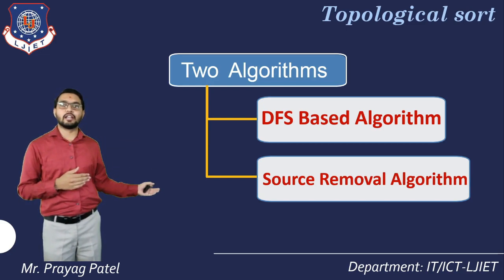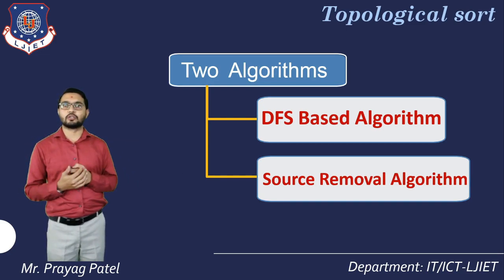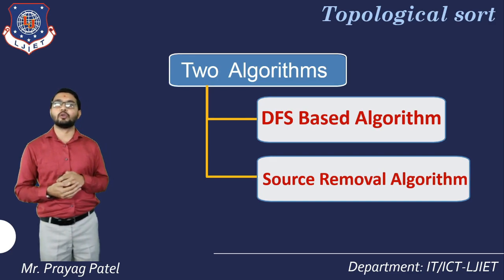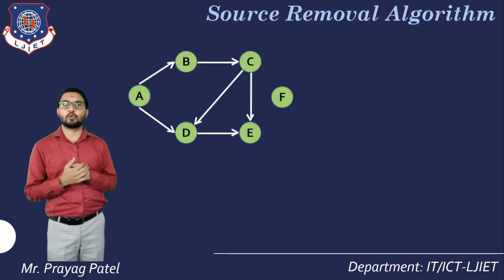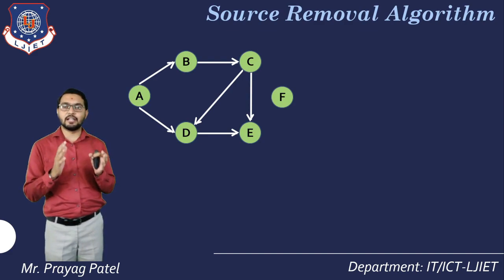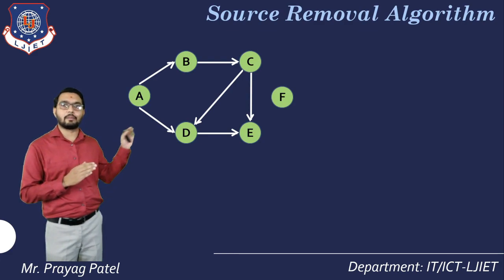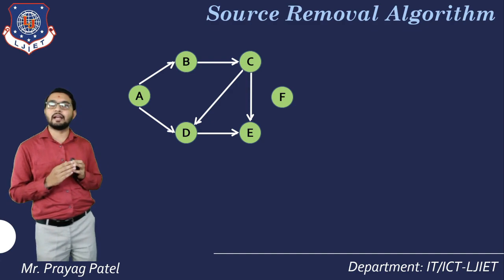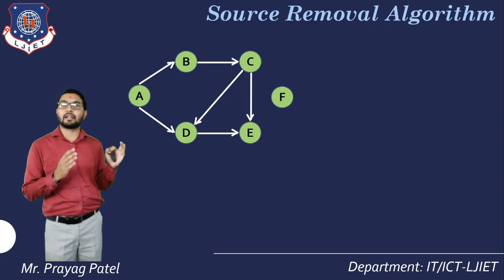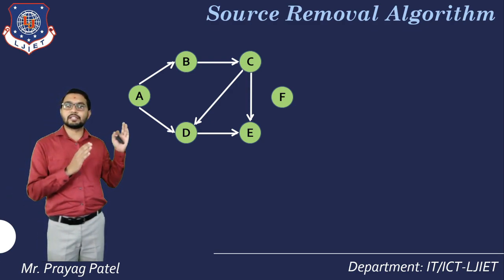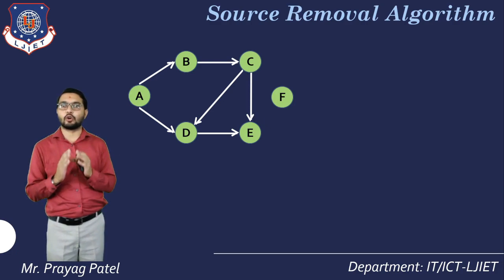Now consider another algorithm for topological sort order, the source removal algorithm. To understand the source removal algorithm, we consider one example graph. Here consider this graph as a directed acyclic graph, and find its topological sort order.